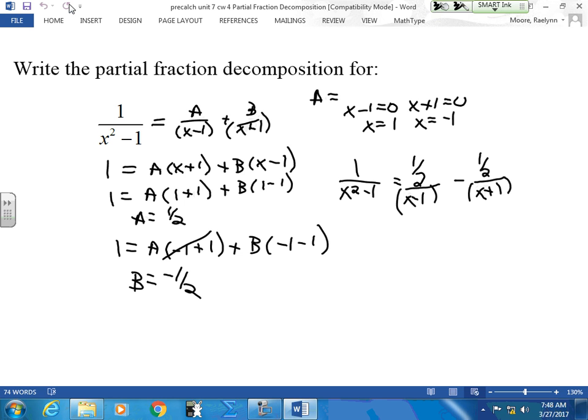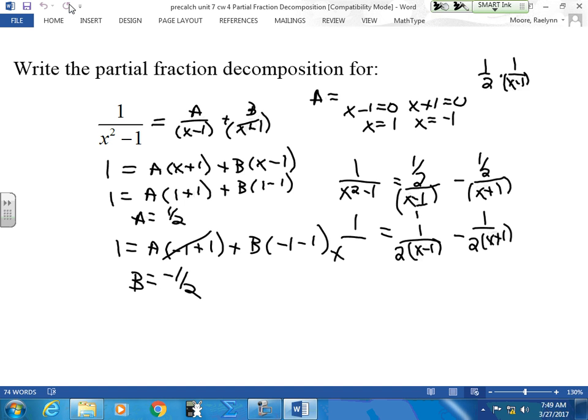So you just take this part and you say keep, change, flip. All this does is move this guy down here. So it's 1 over 2 times x minus 1, because you can't leave the 1/2 in there. And 1 over 2 times x plus 1 equals this guy.